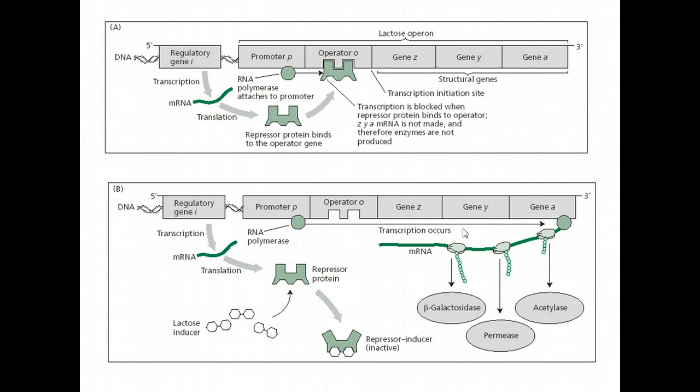So this repressor protein binds and those genes are not produced. It takes a lot of energy to make RNA. It doesn't make any sense to make the RNA if it's not needed. So this is a way that we shut down RNA production. Then if lactose is entered into the system, if we add lactose, the lactose then binds to the repressor, and then this genome can be transcribed. Okay? Questions?